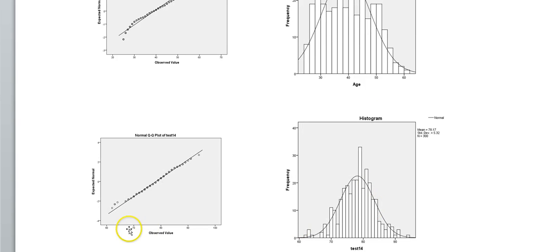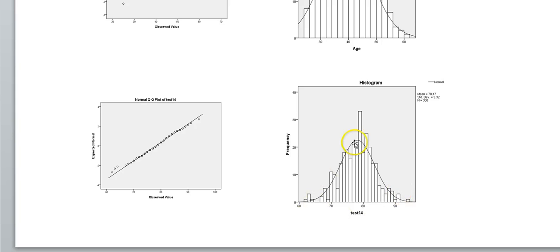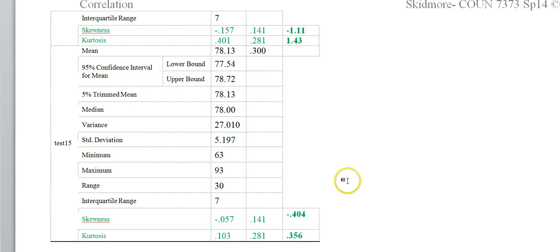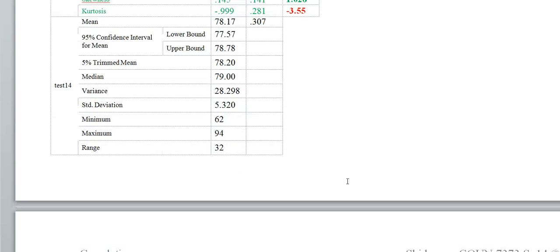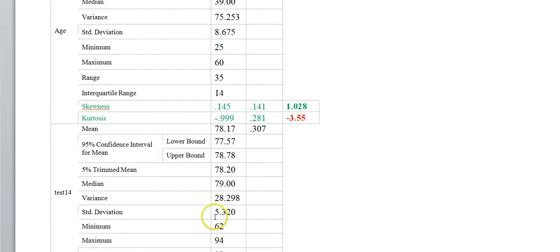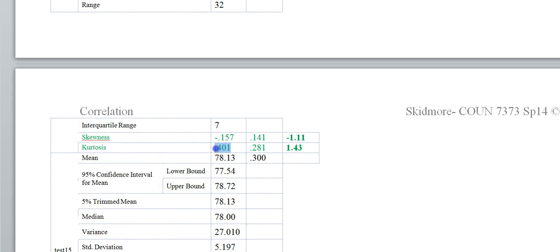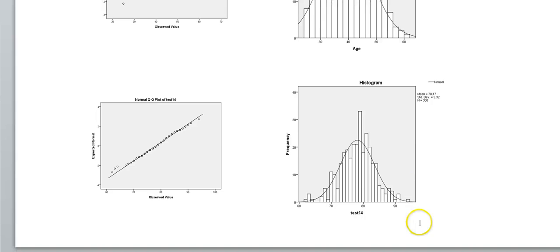In comparison, you've got test 14, which looks pretty good, and here, although it is maybe a bit kurtotic, it does seem to follow a normal distribution fairly well, and you should be able to look at the picture and say, okay, this is a little peaked, so what does that mean in terms of the kurtosis? Well, here is our kurtosis information for test 14, and we see it's a little positive, and you would say, yeah, it's a little peaked.